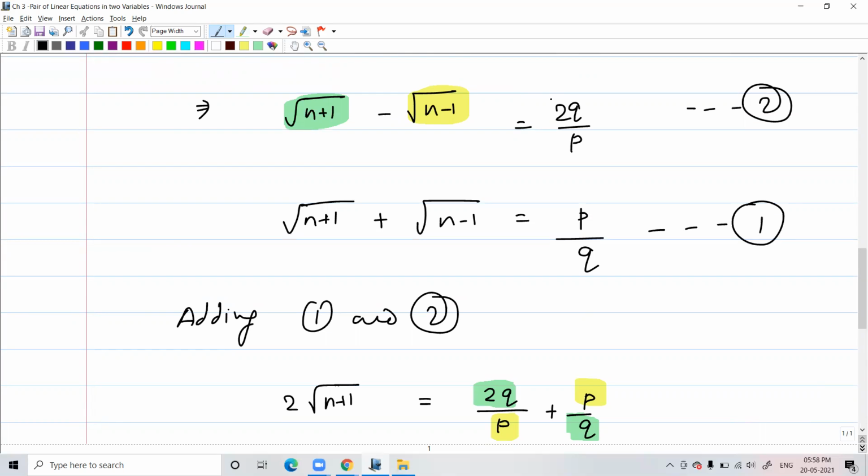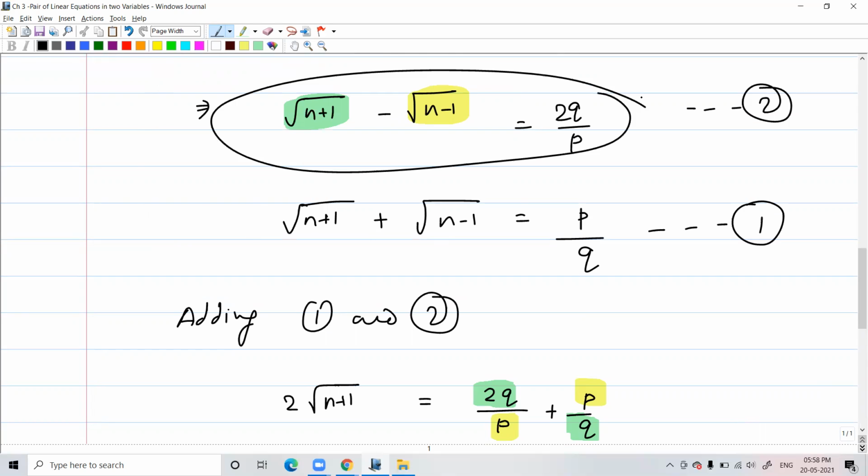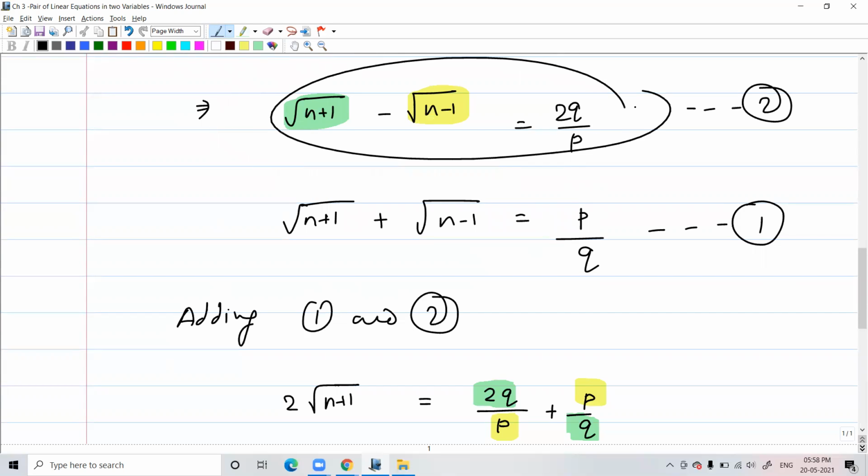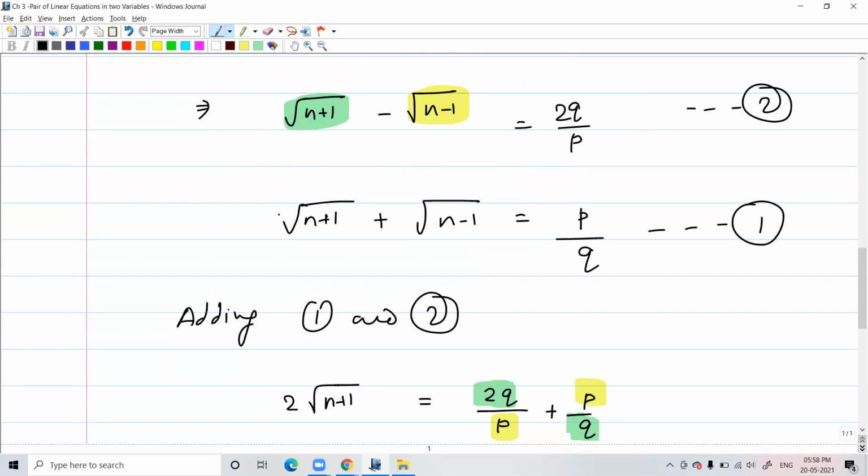And that calculation we are going to do with this first and second equation only. When we added, what happened? These two got cancelled, and we got the value of square root of n plus 1. Now what I'm going to do is subtract the second equation from the first one. If I do subtraction of these two, what will happen? The sign will change.